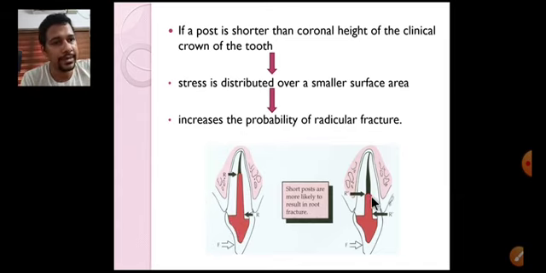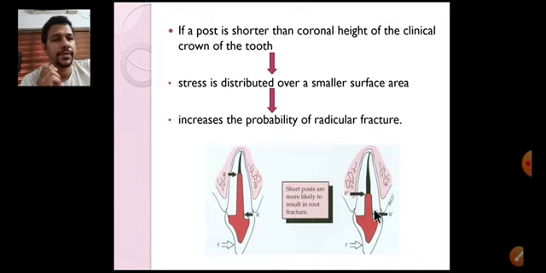And in this case, they have given a post only till here. There is so much gutta percha. What happens here is, if there is an off axial force like this, as you can see at the arrow mark on the crown, that force will be transferred to this post through the core. So the stresses will be distributed over a smaller surface area.